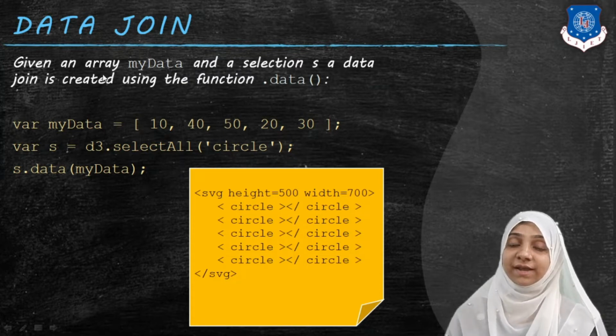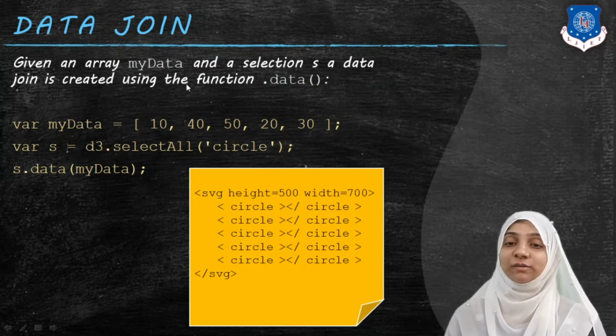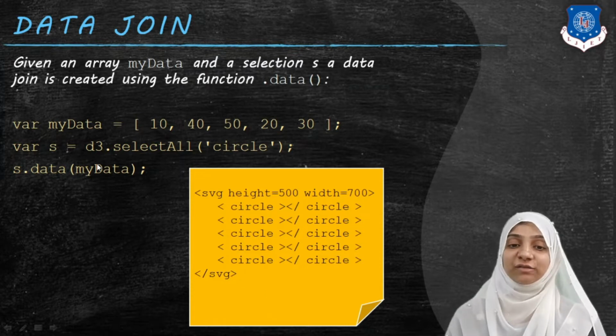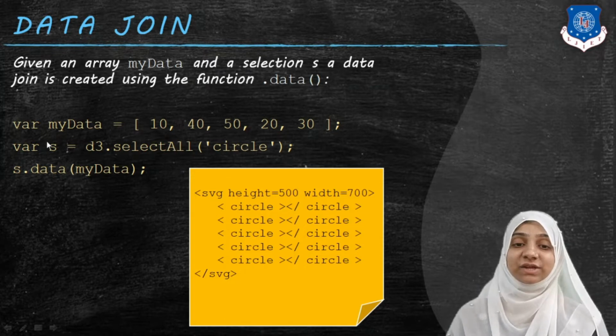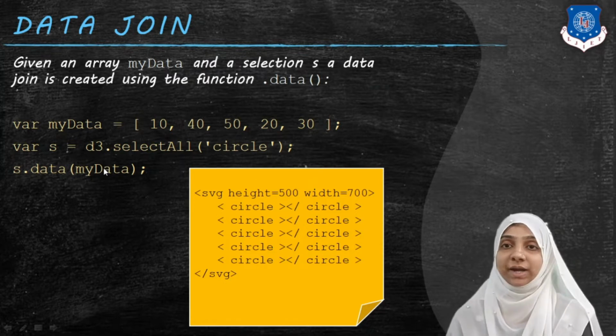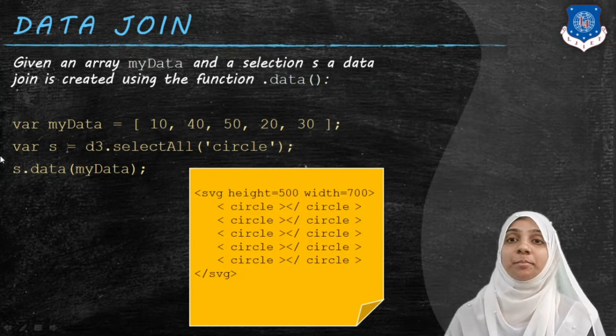Given an array, my data, a selection or data join is created using the function .data. If I wish to bind these circle elements with my data, I must select all these circles. That's why I say d3.selectAll circle, and this selection I am storing in a variable s. So instead of writing d3.selectAll circle.data, I will simply write s.data(myData). So with this selection s, my data is going to get bound.